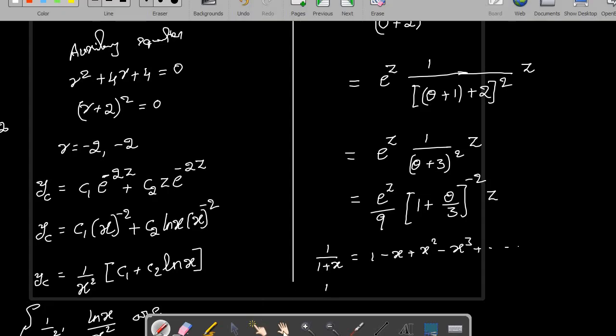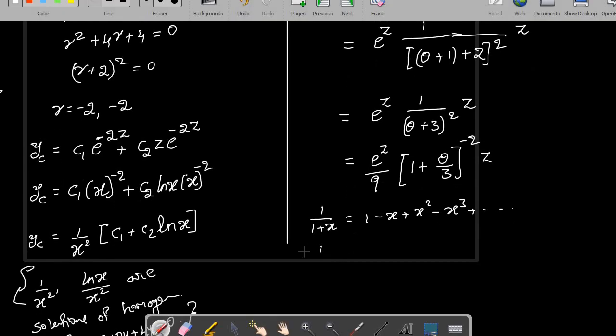Now let me differentiate on both sides. On this side I'll get 1 by (1 plus x) whole square, and that equals 0 minus 1 plus 2x minus 3x² plus 4x³ minus and so on.